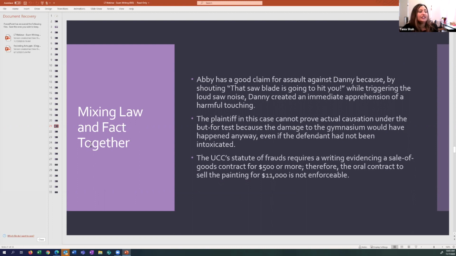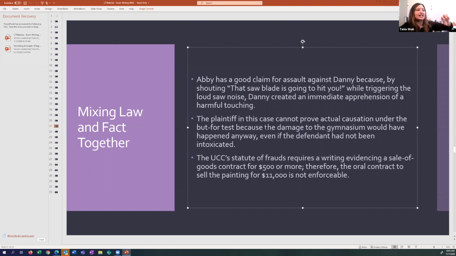And then, the UCC statute of frauds requires a writing evidencing a sale of goods contract for $500 or more. Therefore, the oral contract to sell the painting for $11,000 is not enforceable. So these are really good examples of quick ways to analyze, and we would much rather give you these short examples because going through an entire essay and every single one can get onerous.